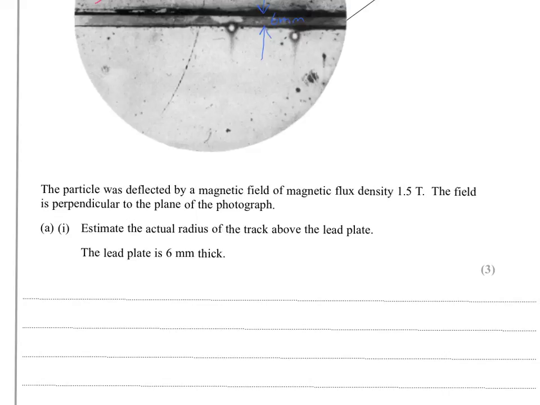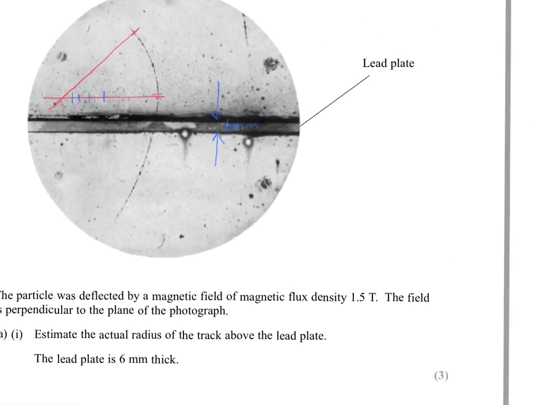Okay, so the mark scheme says that this actual measurement should be somewhere between 4 and 5 millimeters, so that means you've got a little bit of conversion to do. They say you should be measuring this radius to be between 32 and 38 millimeters, which means that your conversion should be somewhere between a radius of about 38 and 57 millimeters. Okay, just do your best.